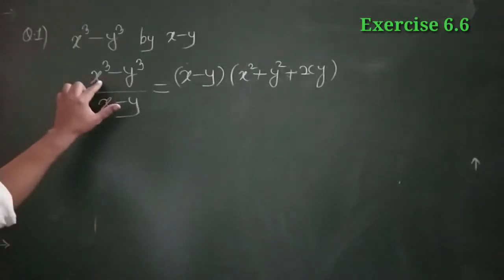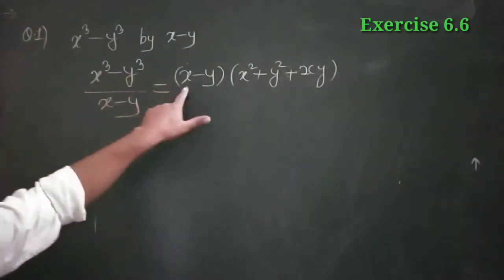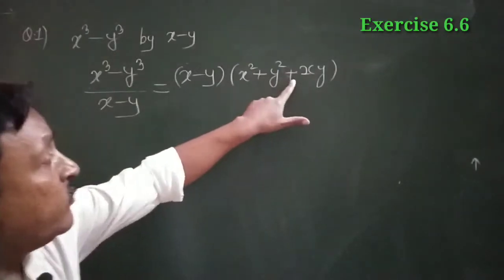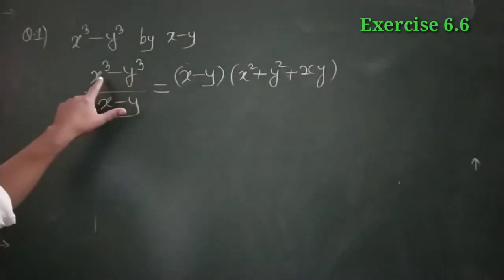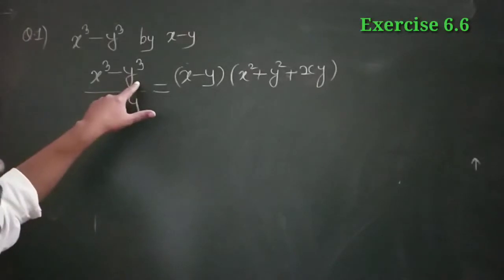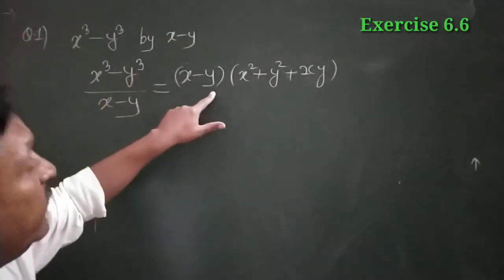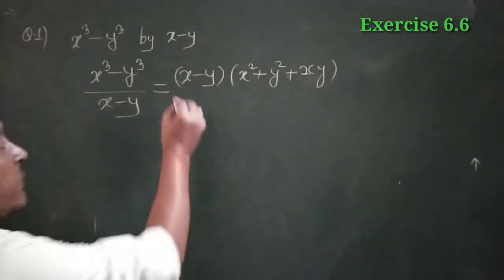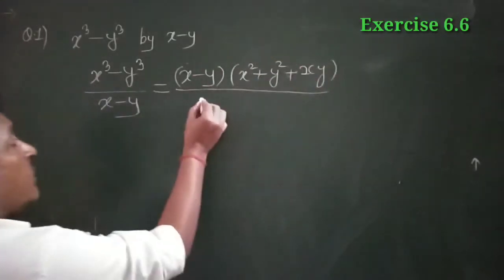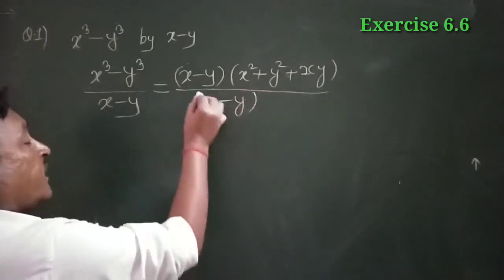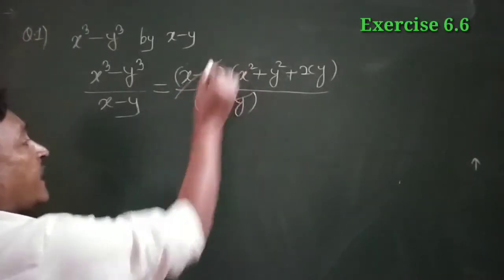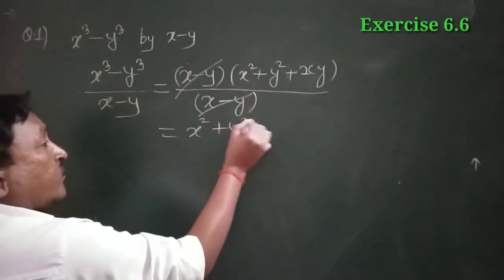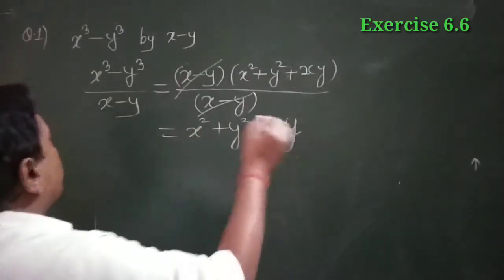For x cube minus y cube, it is x minus y into x square plus y square plus xy, and if it is written x cube plus y cube, then it is x plus y into x square plus y square minus xy. Keep this in mind. Upon x minus y, the same factor cancels, so our answer is x square plus y square plus xy.